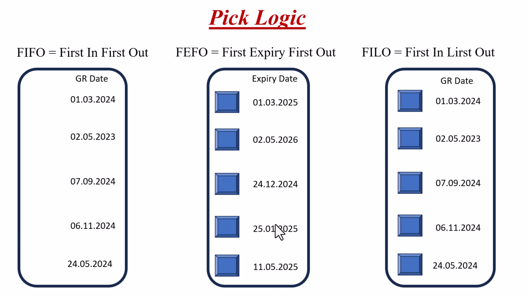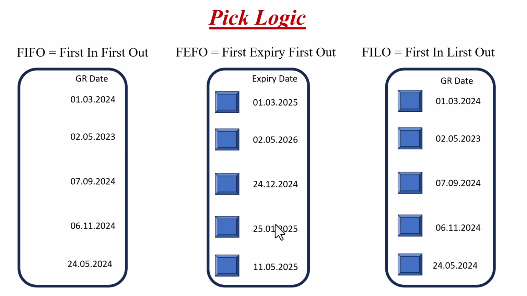And what is FEFO, first expiry, first out? It's not about GR dates, it's about when the product is going to expire. If the product is going to expire very soon, it has to be issued first, because if you maintain that product in the warehouse, it may expire there. So it's better to issue that product as soon as possible.